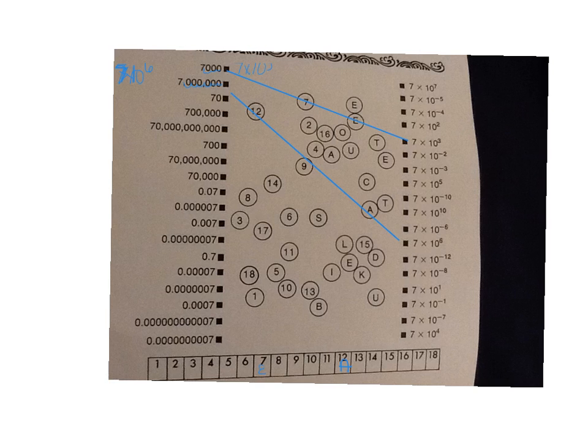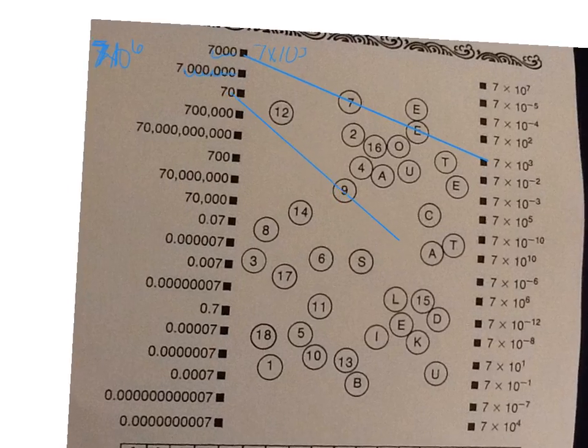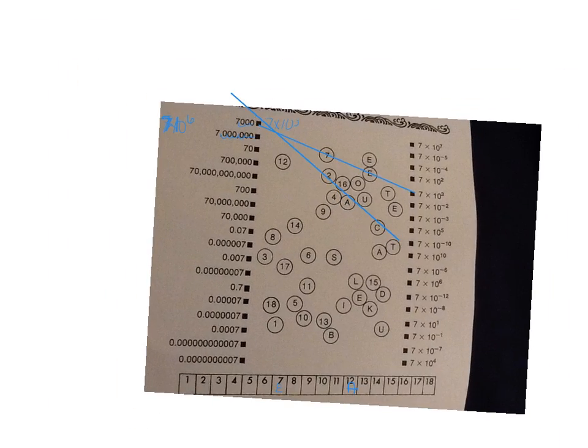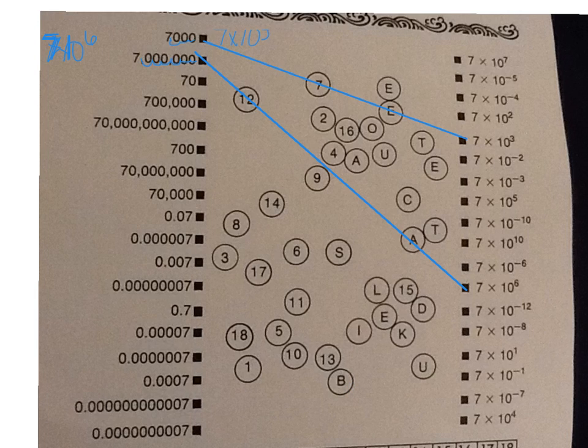Okay, then we're going to solve the next one. So this is going to be 70. We want the decimal to be after the 7. So that would be 7 times 10 to the 1.